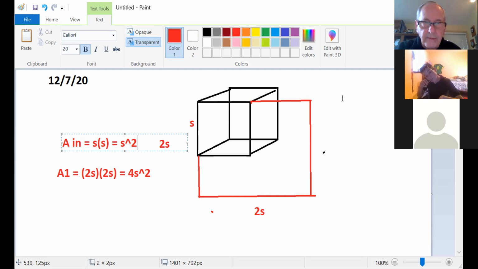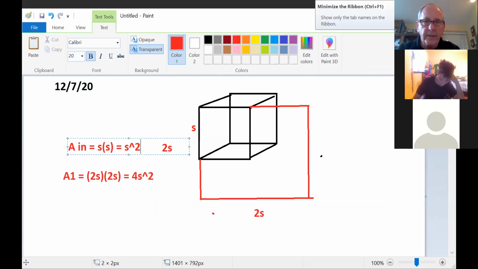The surface area is increased by a factor of 4, for each one of these surface areas. And you've got 6 of them, so that's 24 times as big as just the S squared. The surface area is increased by 24 times because you add them together: 4 plus 4 plus 4, times 6, is 24.